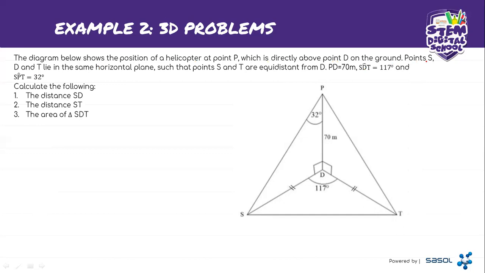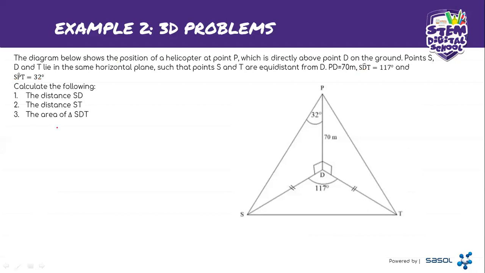Points S, D, and T lie in the same horizontal plane such that points S and T are equidistant, meaning they are equal, from D. PD is equal to 70 meter, angle SDT equals 117 degrees, and angle SPT equals 32 degrees.